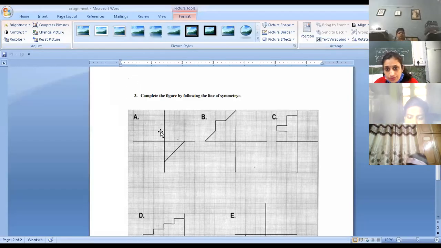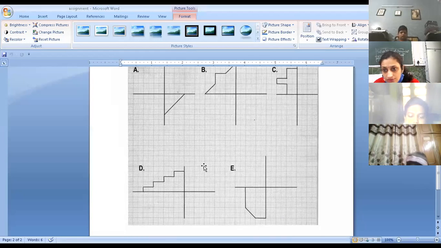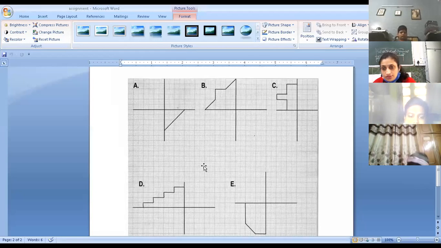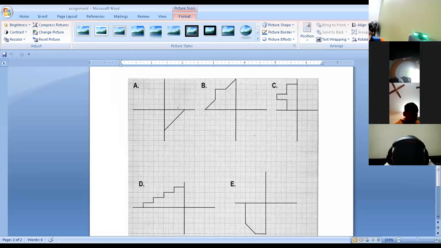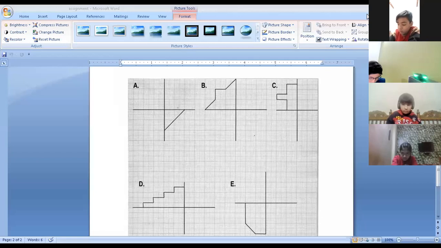Next question, you have to complete this figure by following the line of symmetry already given here. Draw it on a graph sheet, children, all these figures. Everybody, take out your graph sheet and draw it. You have to complete these figures, children.